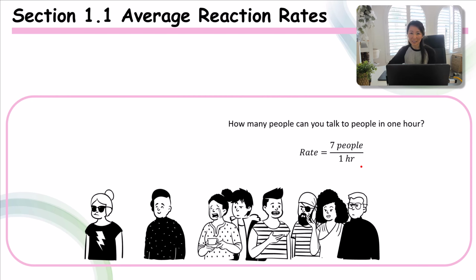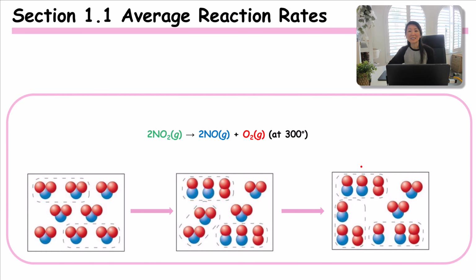Why is this related to chemistry? Well, in the chemical world, you have reaction rate as well. How much product can be formed under a period of time. Take, for example, nitrogen dioxide forming into nitrogen monoxide and oxygen gas. Nitrogen dioxide, if you look on the left, is going to form into nitrogen monoxide.